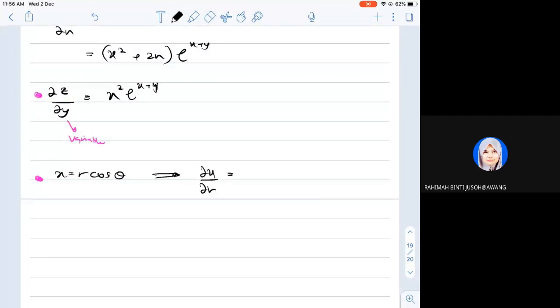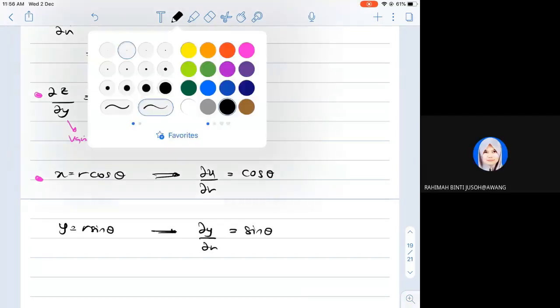So what happened to the cos theta? It's just a constant. Yes, good, very good. So we just get cos theta. And then next, y equals to r sine theta. So when you differentiate del y over del r, it just gets sine theta. Yes, very good.